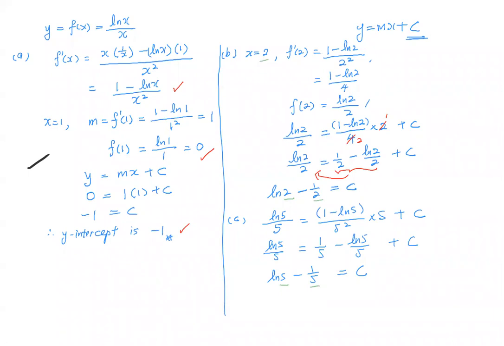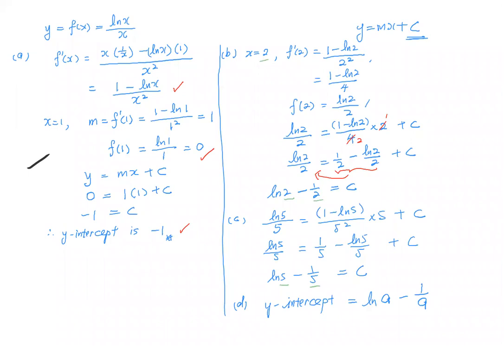So then you can answer part D. So for part D, the y-intercept is ln, your x is a, you just put a, minus 1 over a. And if you can't see this part, you can do part E first.